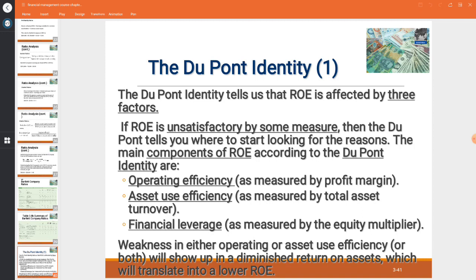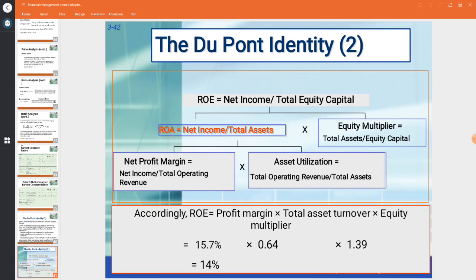By splitting the return on equity into its three subsections, operating efficiency, asset use efficiency, and financial leverage, in this way, you will be able to determine the main reason why the return on equity is good or why the return on equity is bad, because you are aware of the main components of this ratio.